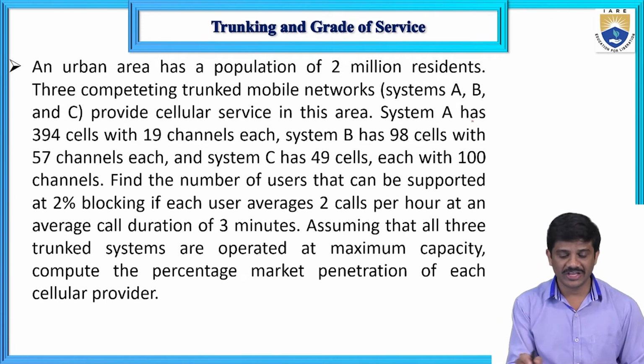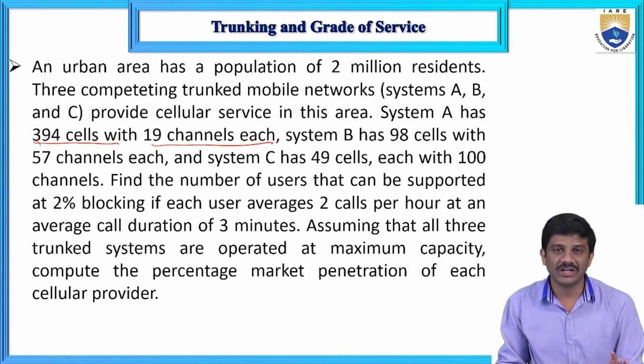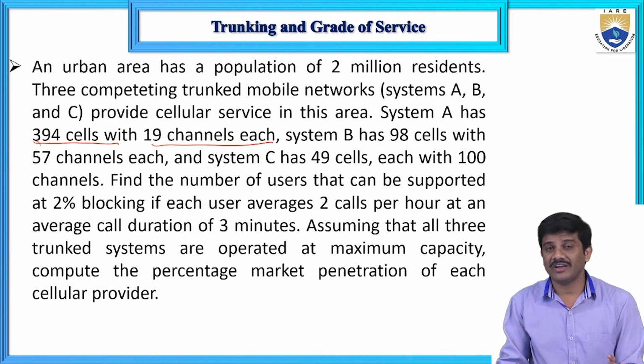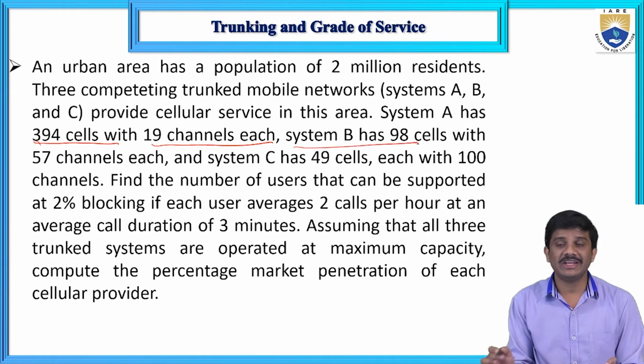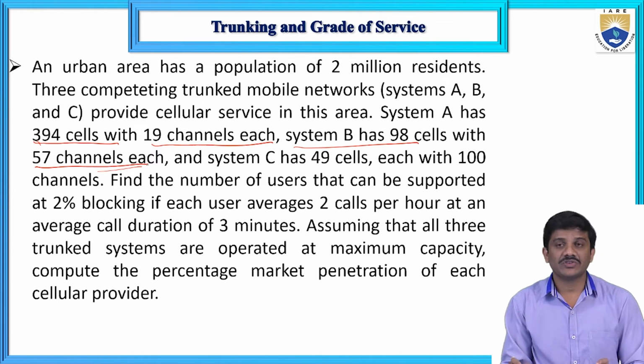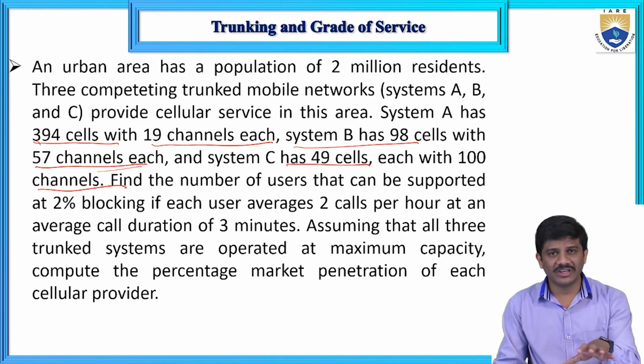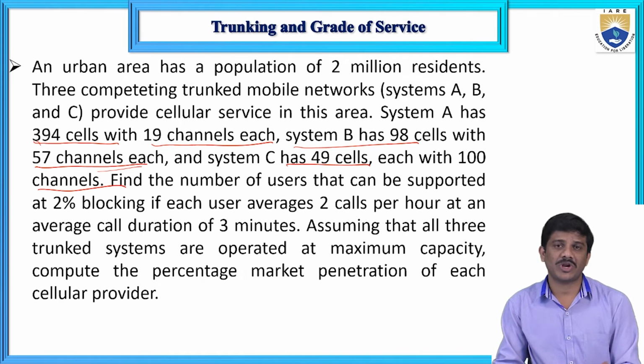System A has 394 cells with 19 channels each. Coming to system B, 98 cells with 57 channels, and system C, 49 cells with 100 channels. They gave this data for the problem.